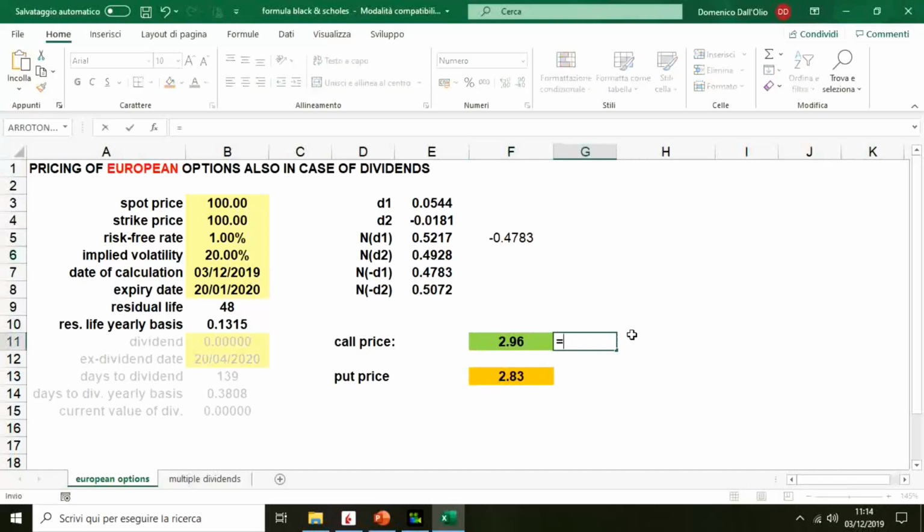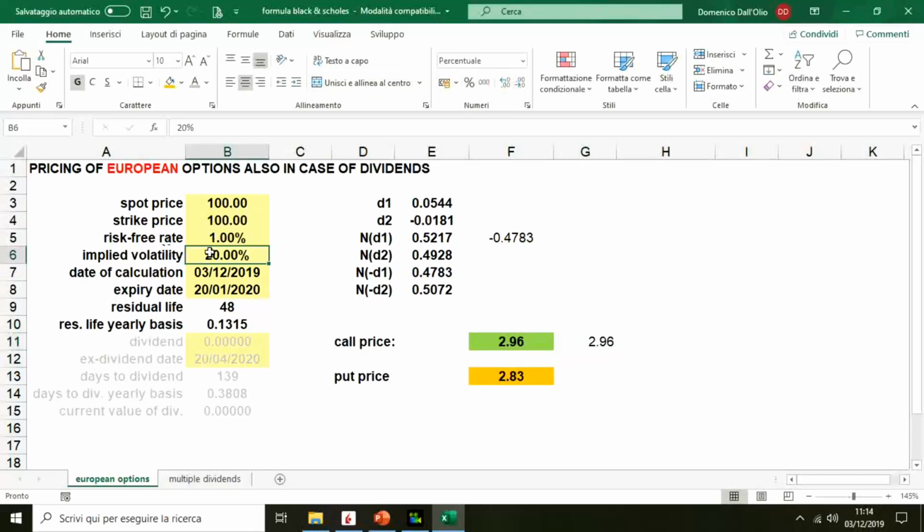If this is not the case, and we assume that the price of the call is 296 because the volatility of the call is 20%, if, just to say, the implied volatility of the put is 22%, then the theoretical put price is 311, not 283, and the delta of the put is not minus 0.4783, it is minus 0.4775.